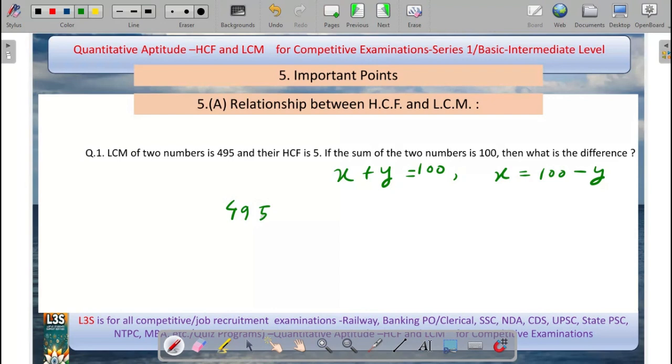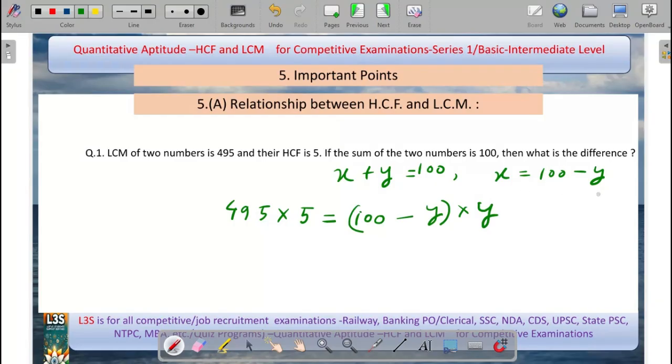HCF into LCM equals the product of the numbers. Say the numbers are 100 minus y and y.